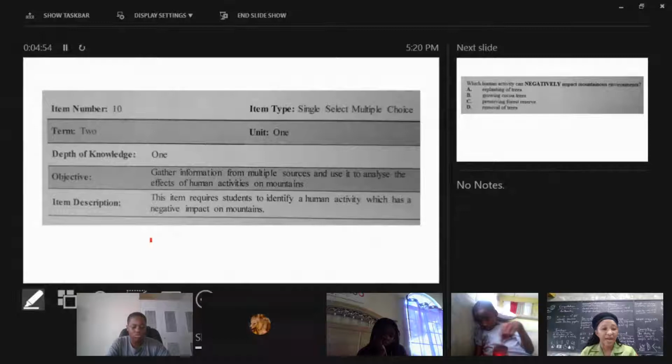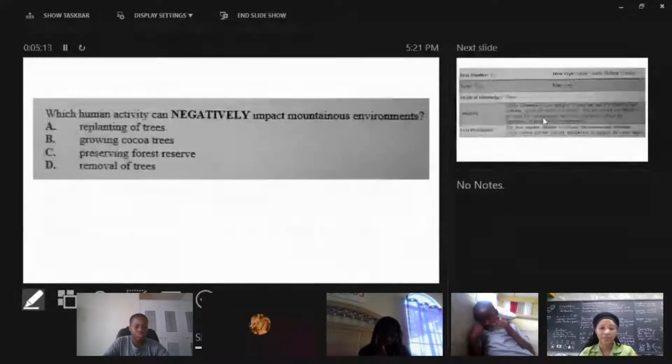The objective for item 10 is to gather information from multiple sources and use it to analyze the effects of human activities on mountains.